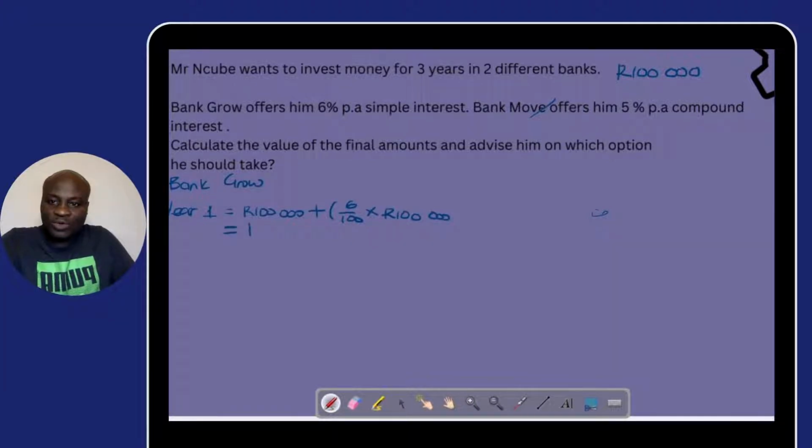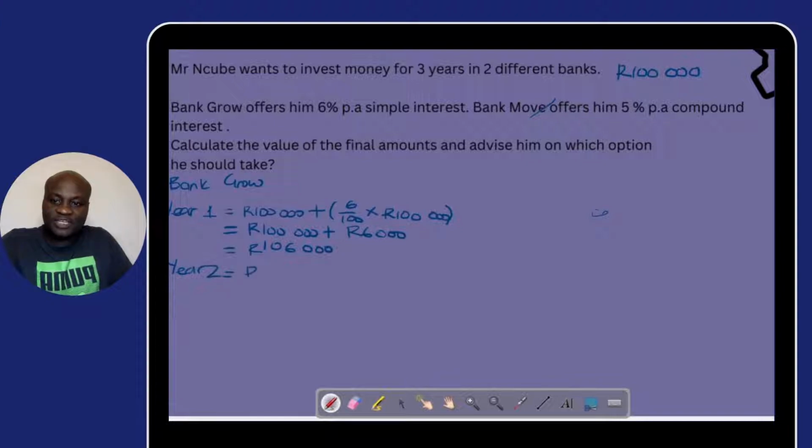Now we get 100,000 plus what's 6% of 100,000? 6% of 100,000 is 6,000. So at the end of the year it's going to be 106,000 rands.